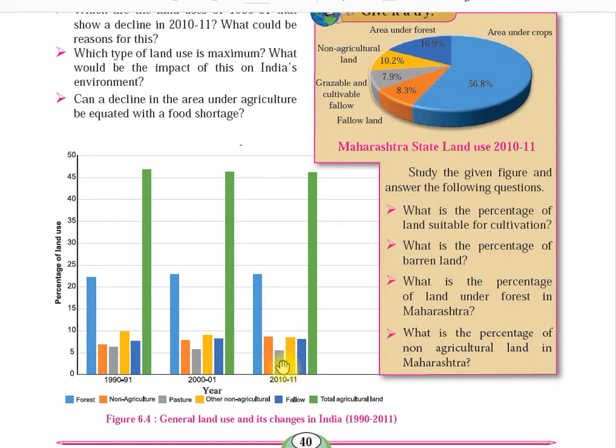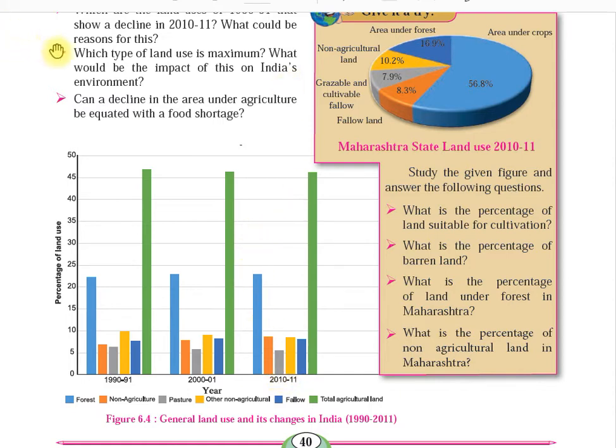See, this is your pasture land. This could be due to development. This land must have been brought under construction for building homes, offices, and so on. Pasture land is showing very less. And what is the reason? Because the land is used for construction, for building homes, offices, etc.